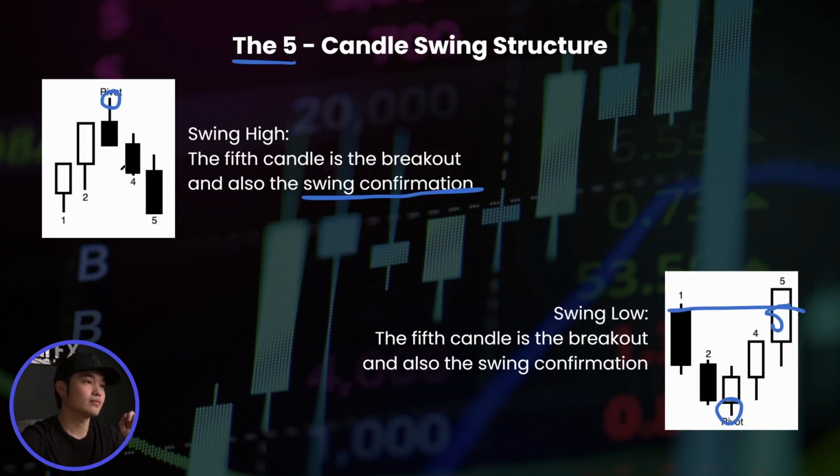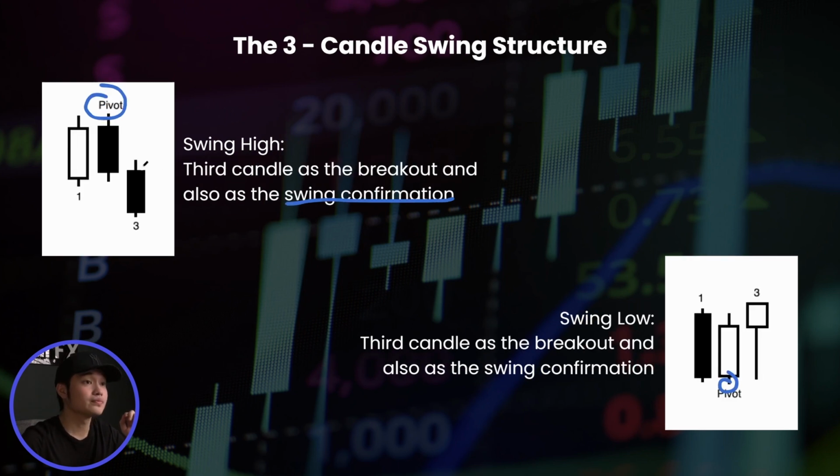Here is the pivot, and then the third candle breaks the pivot and breaks the first candle. Here also the first candle is broken by the third candle, and the third candle breaks the range of the pivot, and then the first candle also breaks the range of the pivot.